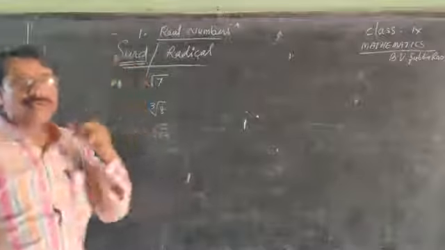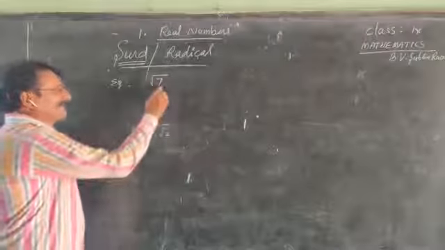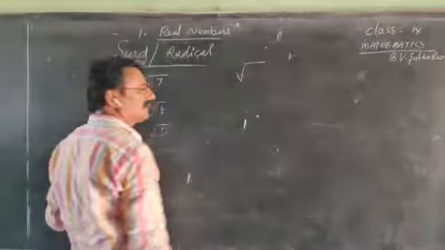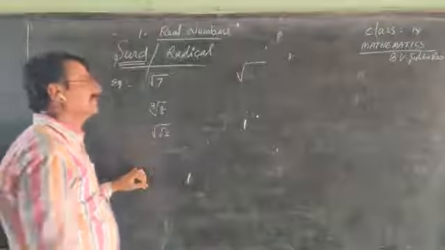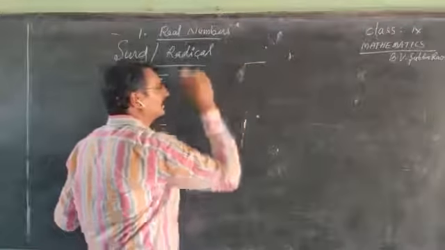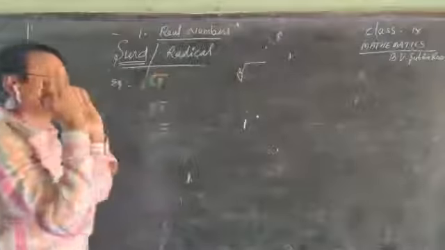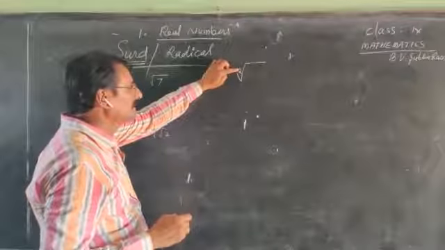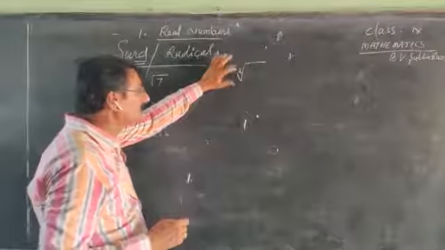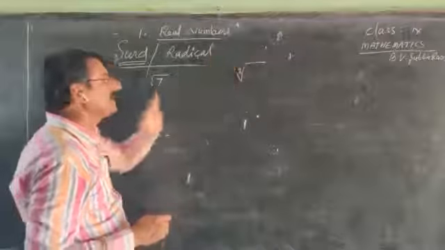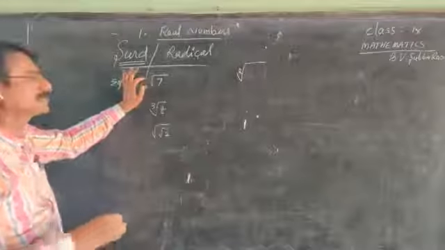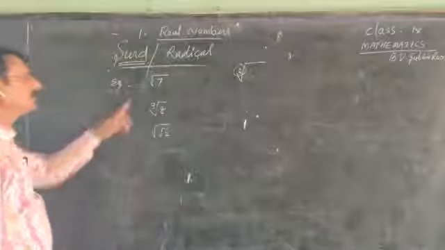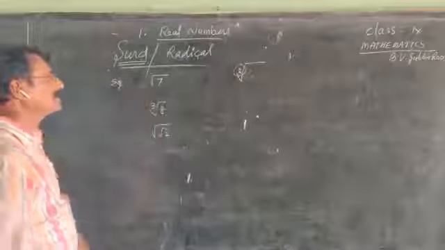It is a square root. Here 7 is the radicand. This is the radical sign. Here 2 is there in the root, that means it is a square root. The degree of this one is 2. How to write this one as a radical?